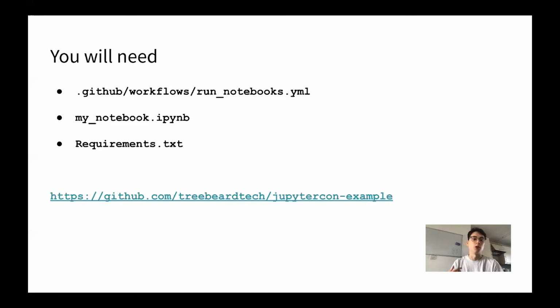Every time you push your repo, you get execution and response. And for your actual project code, you'll need a notebook, preferably a Python notebook, and a requirements.txt file. And if you check this repo that I've linked, you can find a repo that's already set up, and you can fork it and try it out yourself.